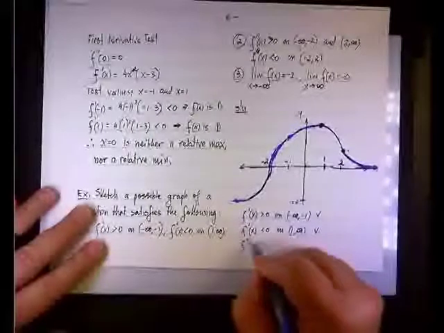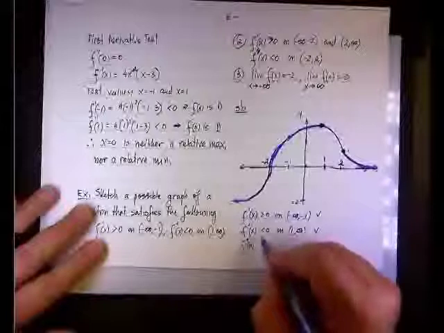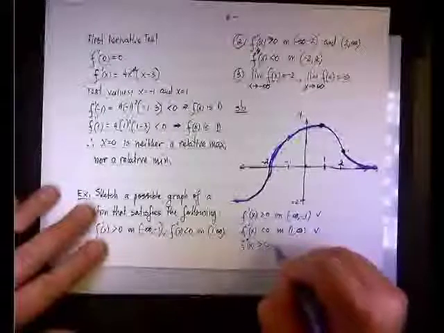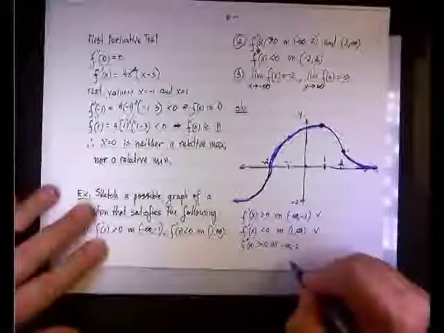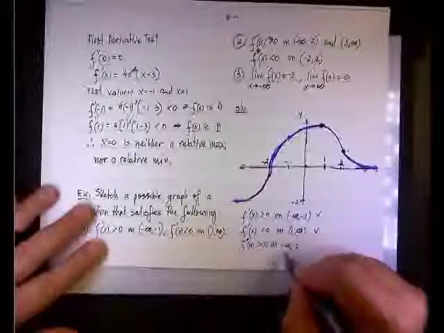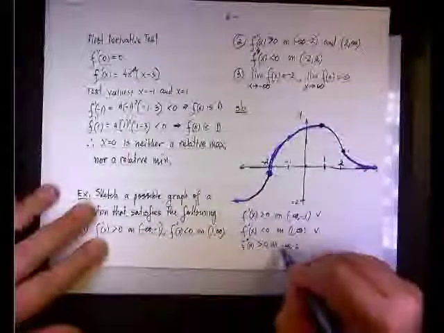You can see that I satisfy f double prime is positive on negative infinity to negative 2. So we have an inflection point right here, a change of concavity.